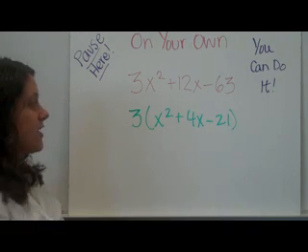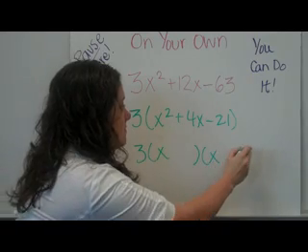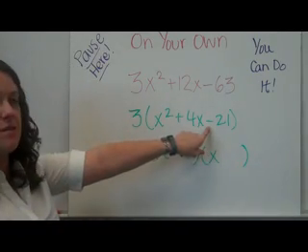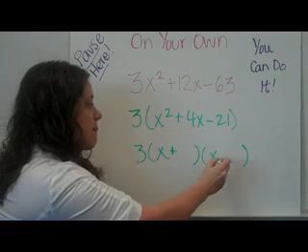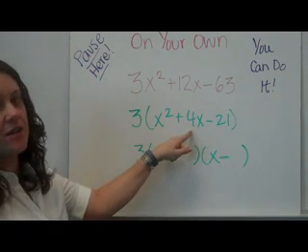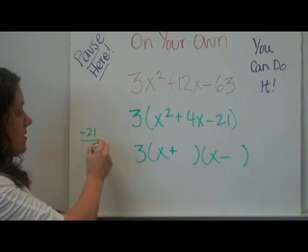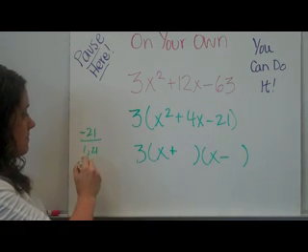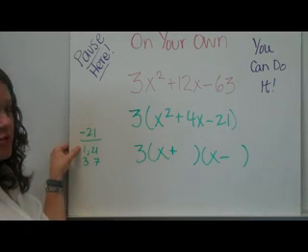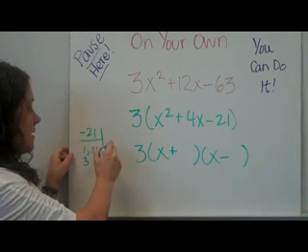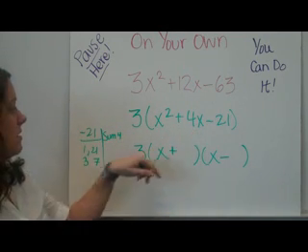Alright, then I need to check if I can factor that. We know that if this comes out negative, I must be multiplying a positive and a negative. And they need to add together to make 4. So I make my factors of negative 21. So there's no way with 1 and 21 I can ever get a sum of 4.